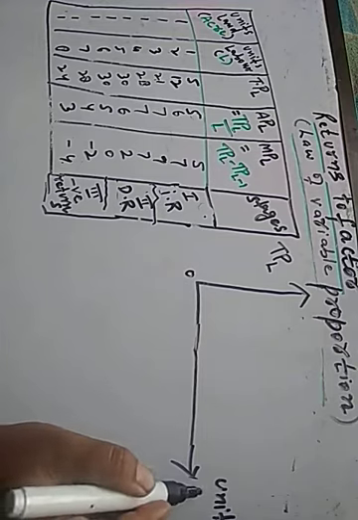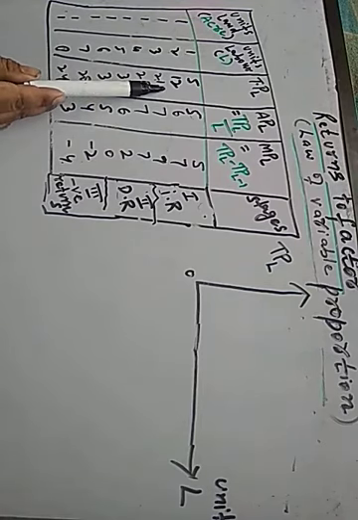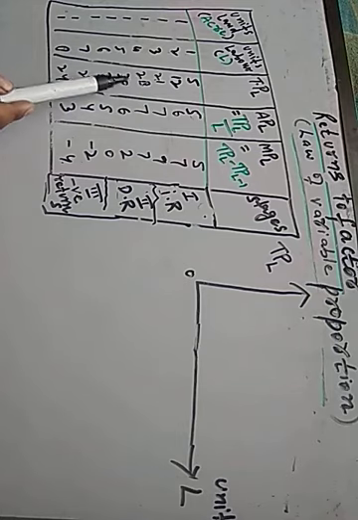I will write L, units of L means units of labor. Based on this data, the total product is increasing at increasing rate up to a certain point, then increases at decreasing rate, and lastly it falls.